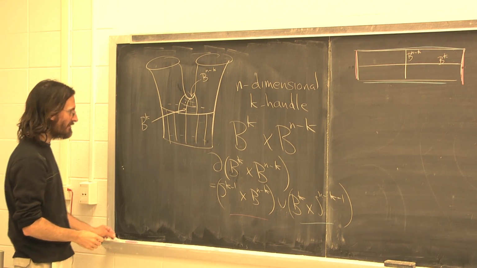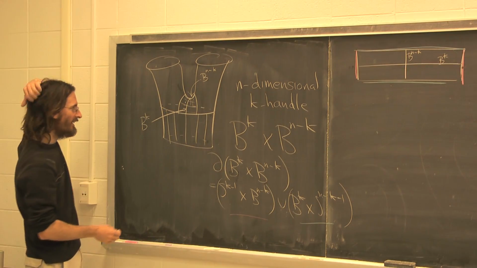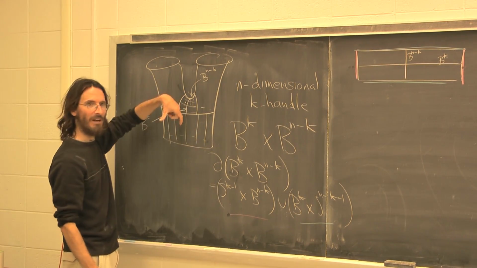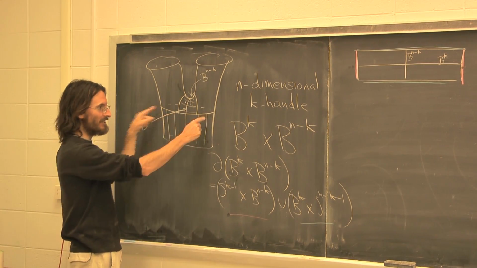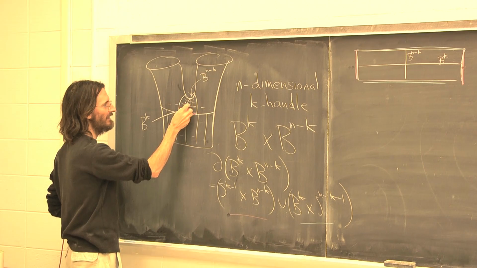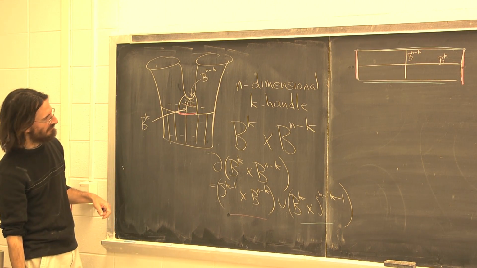What you want to do is think of this whole thing as built by attaching this handle. How do you attach it? You attach it along the red part, okay, part of the boundary. It's not glued to this thing along the entire boundary. It's only glued along this part.